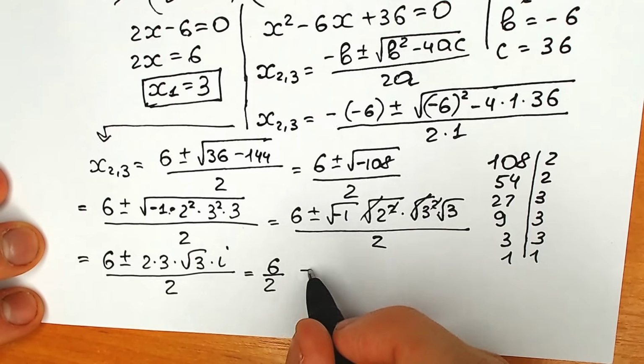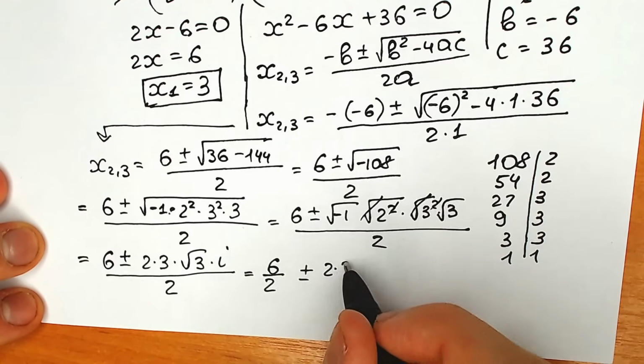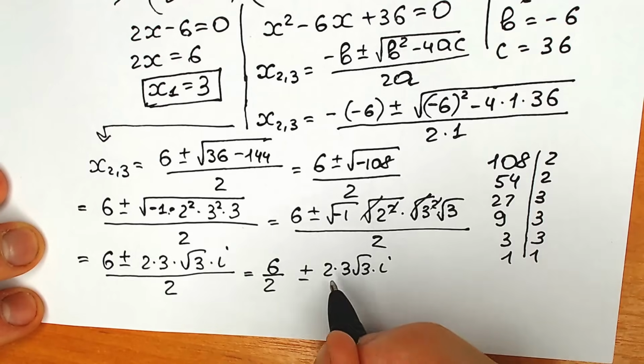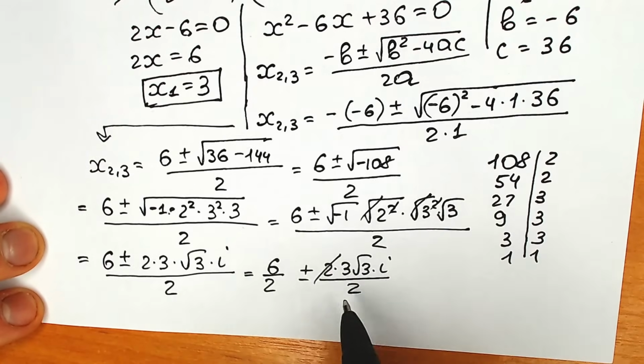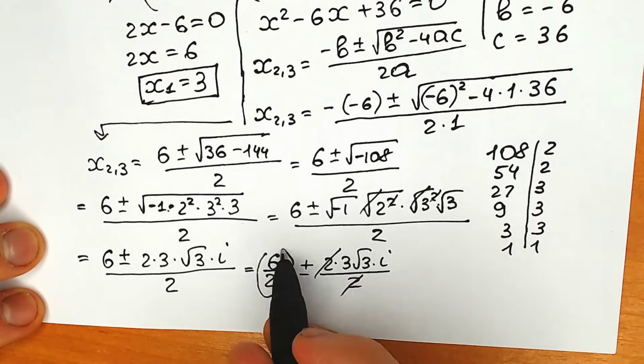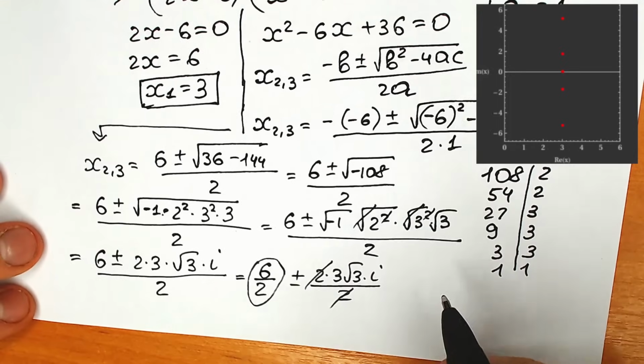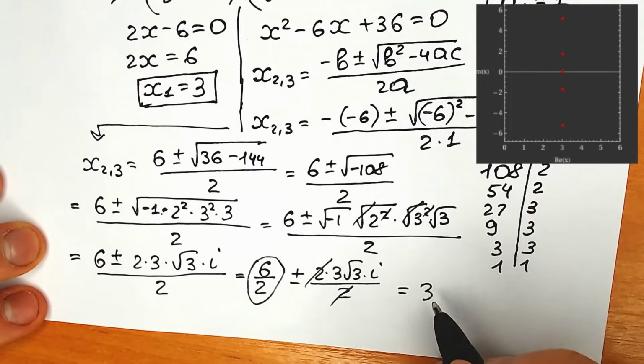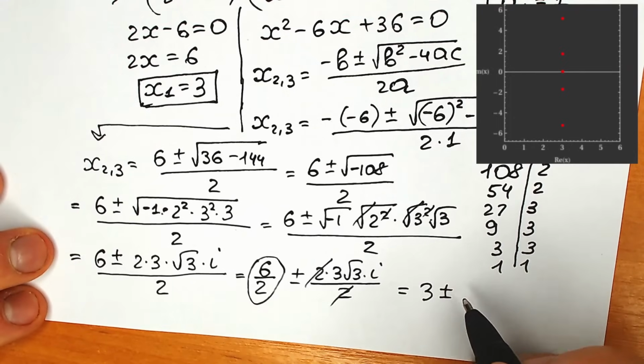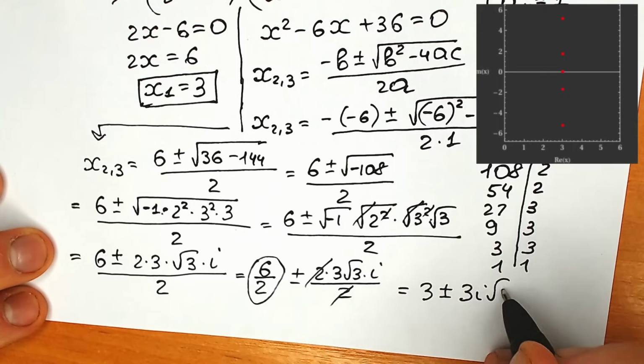So we have 6 over 2 plus minus 2 times 3 times square root of 3 times I over 2, so we can easily cancel these two from here, and right here we're gonna have 6 divided by 2 equal to 3. So as a result we have 3 plus minus 3I square root of 3.